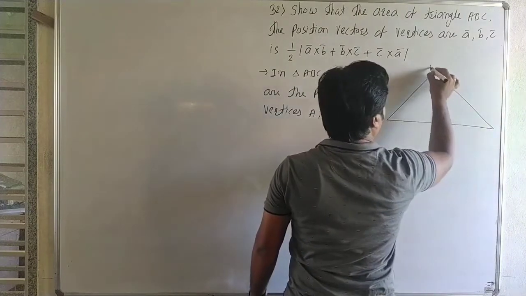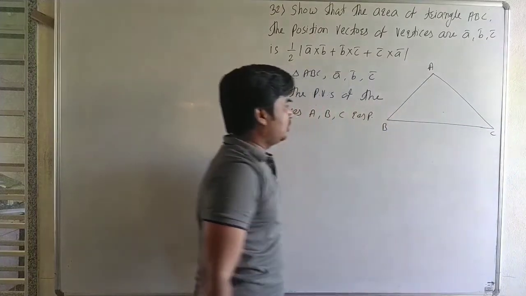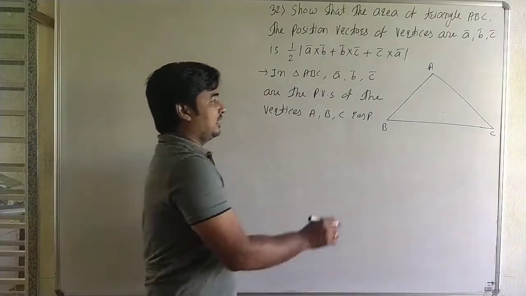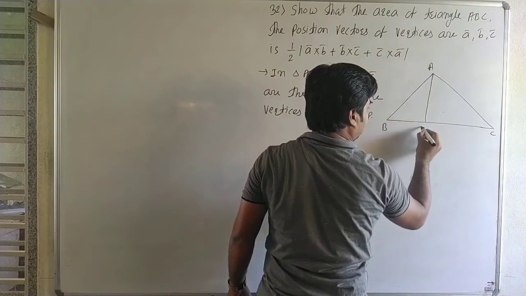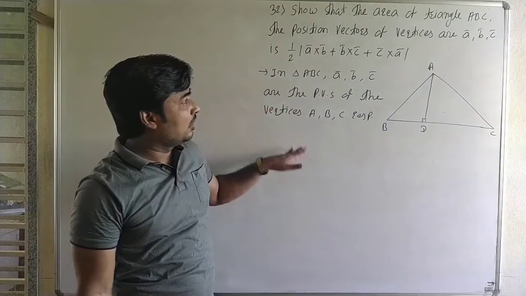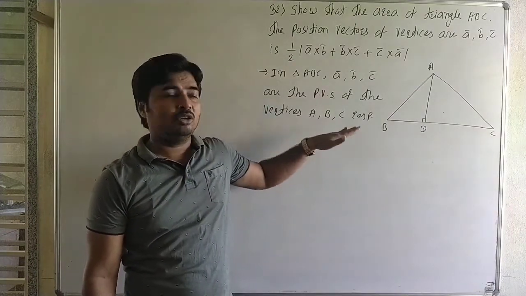We know the formula for the area of the triangle. What is the formula of area of triangle? It is 1/2 base into height. Here we draw the height of the triangle. Now we find the area of the triangle.